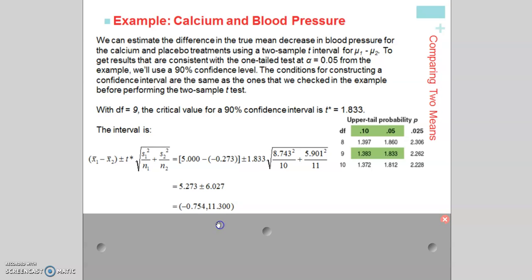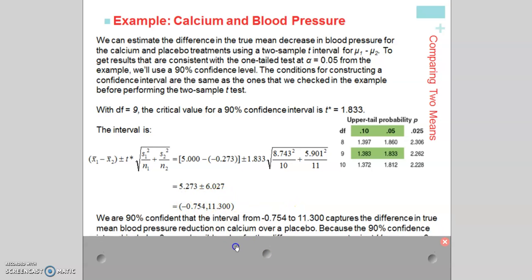If you use your calculator, you'll get a slightly narrower interval, but it'll be reasonably close to this interval. All right. So you can see that we are 90% confident that the interval from negative 0.754 to 11.3 captures the difference in true mean blood pressure reduction on calcium over placebo.